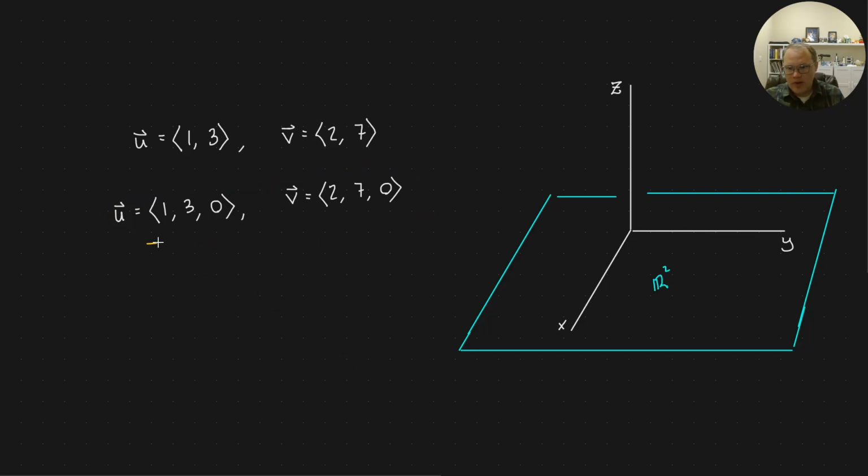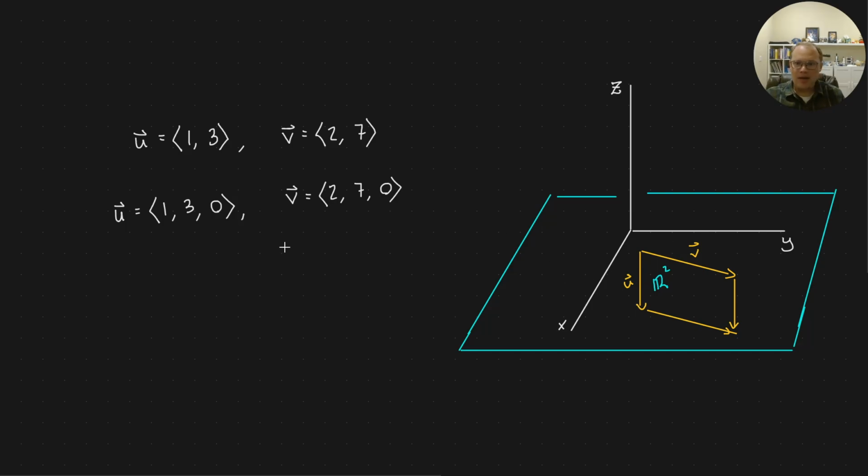Okay? And so if I find the parallelogram, for example, okay, so maybe I find a parallelogram with adjacent sides u and v in three-dimensional space. That parallelogram is still embedded in the xy plane. It's still a two-dimensional parallelogram.